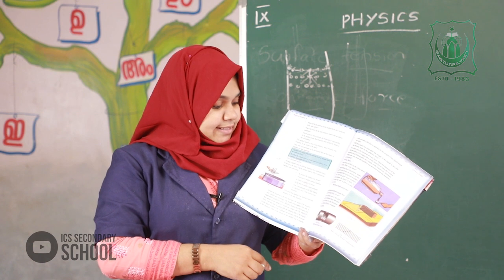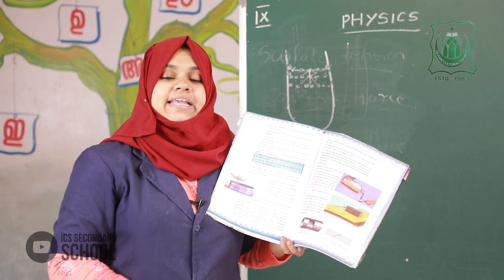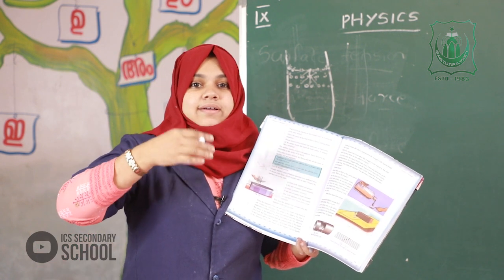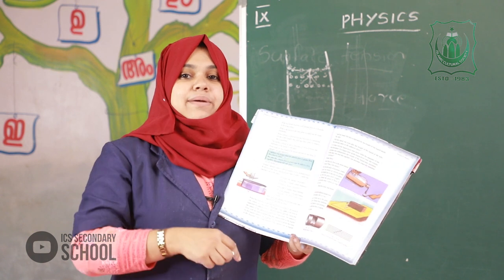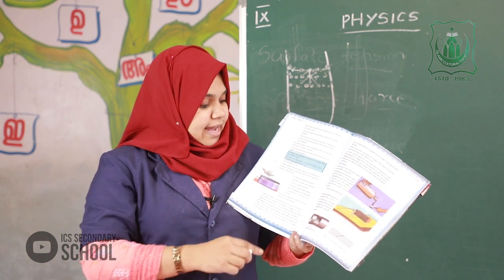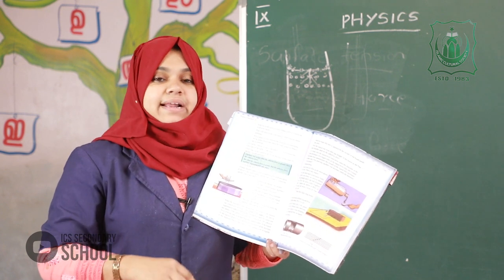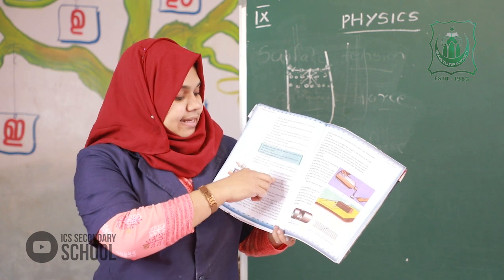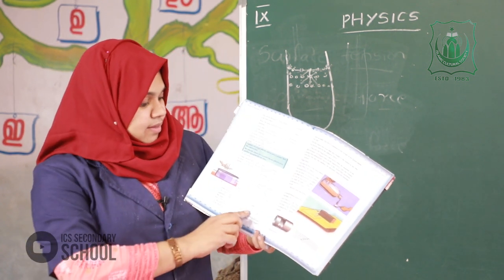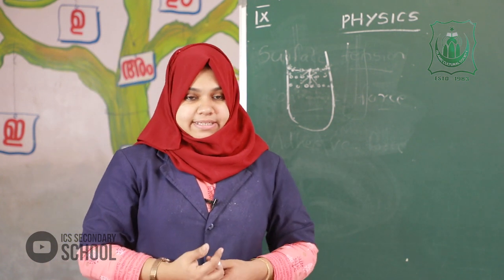So we know that capillary rise is lower in larger diameter, and capillary rise is greater in smaller diameter.